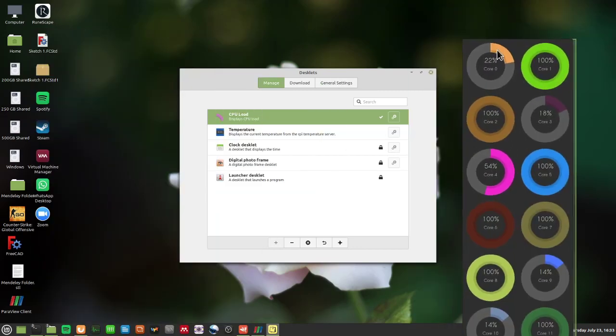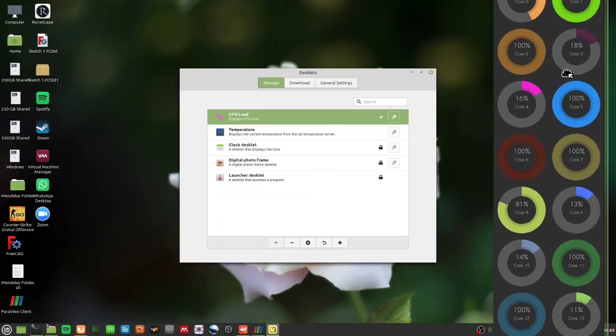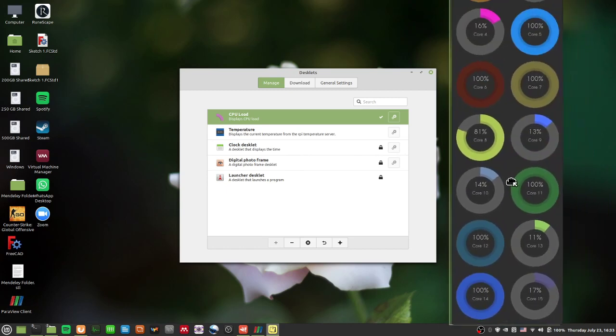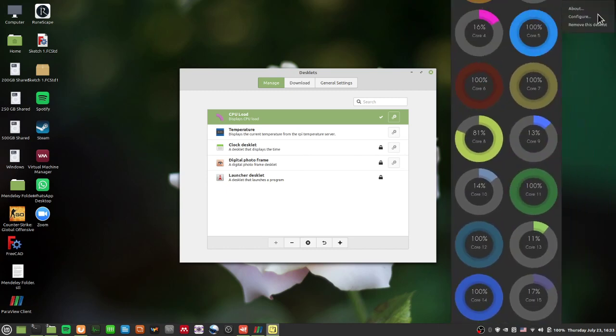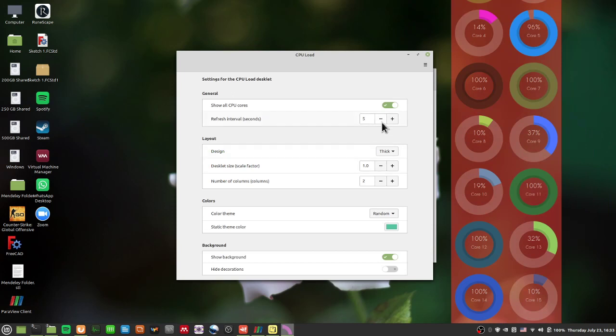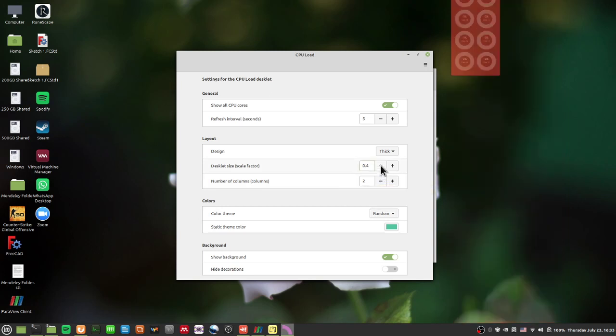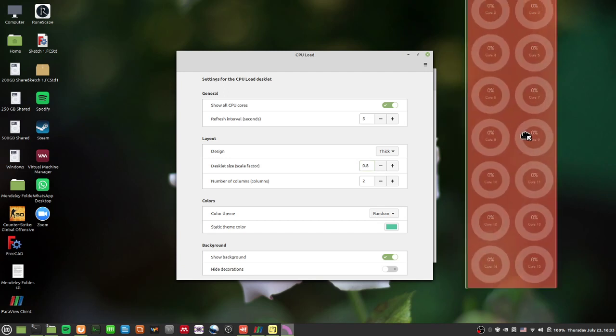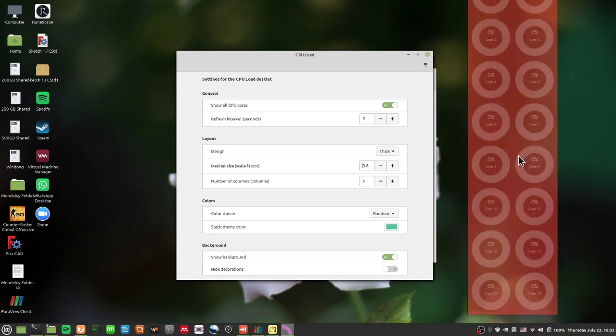Oh wow, this looks nice. I have 16 cores. Okay, that's better, a little bit bigger.